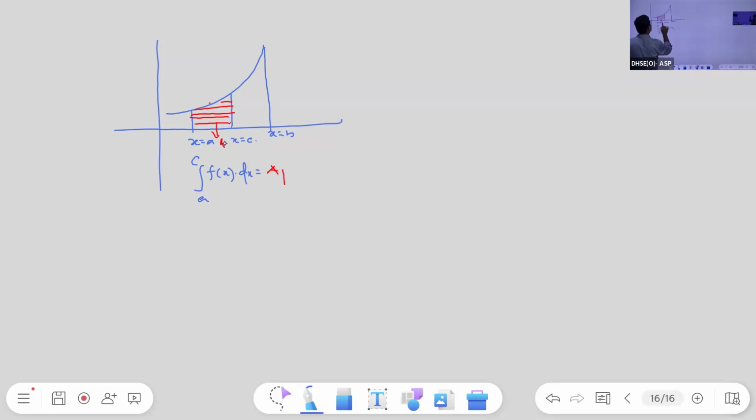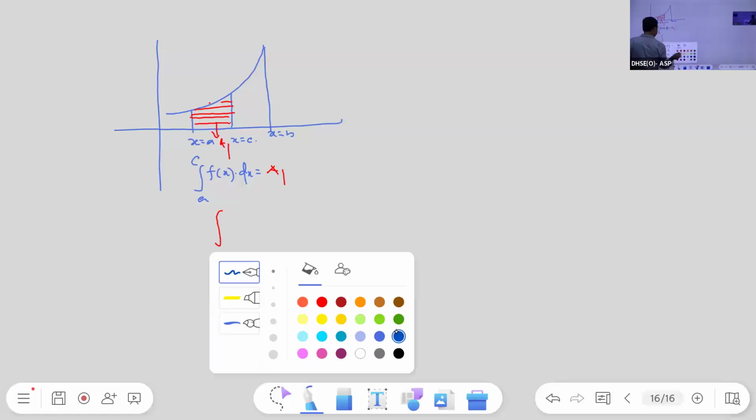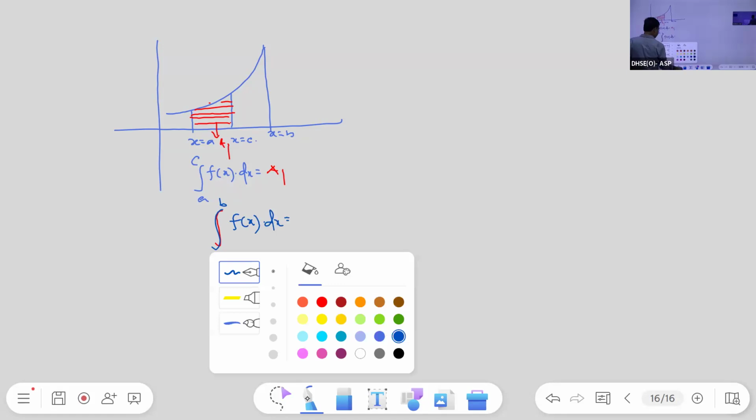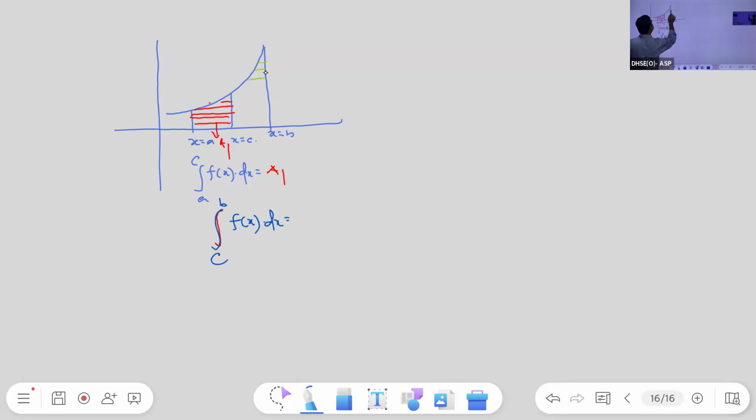And the integral from C to B of f of x dx equals this green area. This is not blue. Okay, let it be A2.